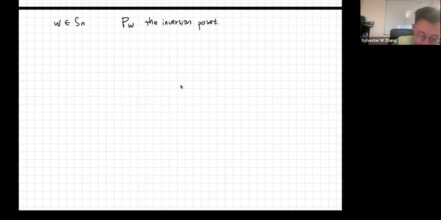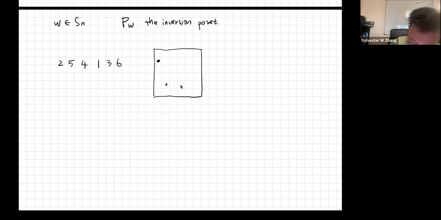And so if my permutation is 2, 5, 4, 1, 3, 6, I'm going to draw the rock diagram of this permutation.